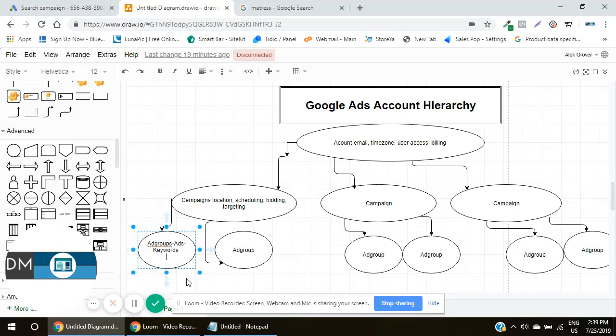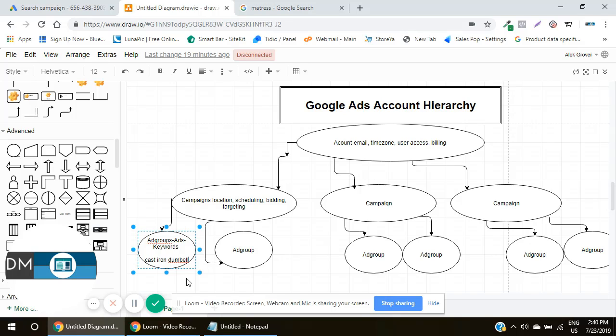Now let's say the keyword that we might have set in our campaign's ad group is cast iron dumbbell.